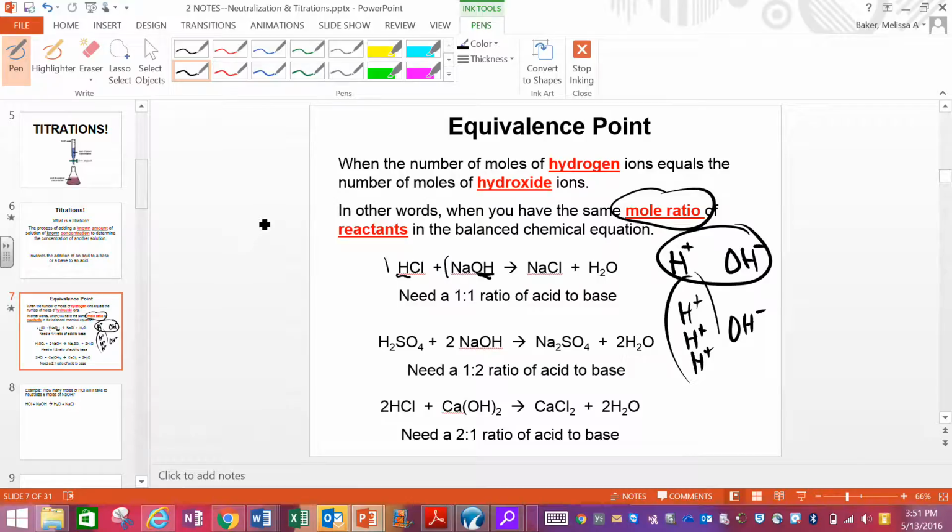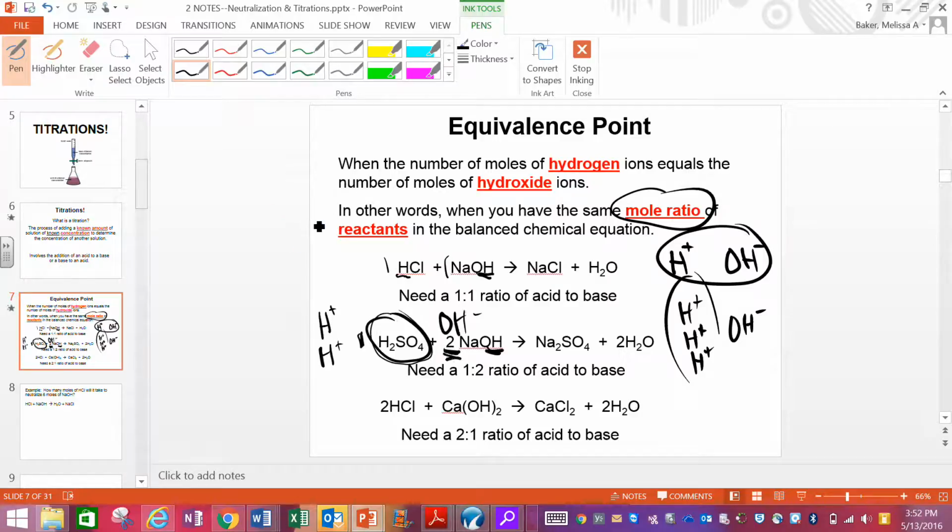But this is a little bit different. Check out this acid right here, H2SO4. For every 1 mole of H2SO4, you need double the amount of hydroxides. And that's because when you dissolve H2SO4 in solution, 1 mole's worth has double the amount of hydrogen ions that 1 mole's worth of NaOH has.